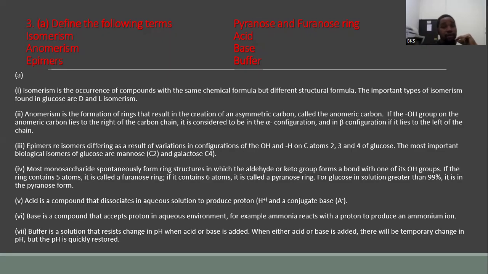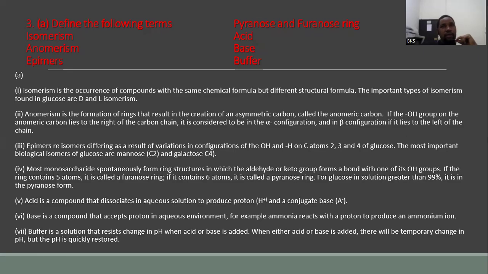Isomerism, anomerism. The only thing I will say about anomerism is to remember when we discussed cyclization, where we have formation of a new asymmetric center. Either the carbonyl carbon in aldoses or the ketone carbon in ketoses undergoes cyclization.